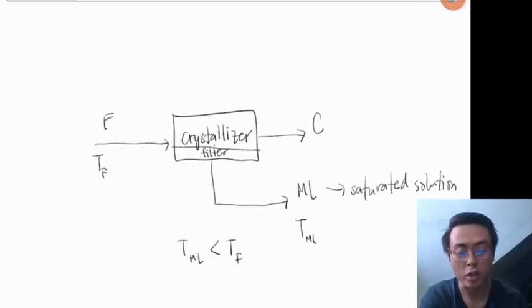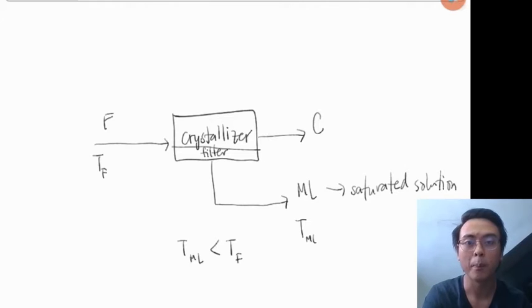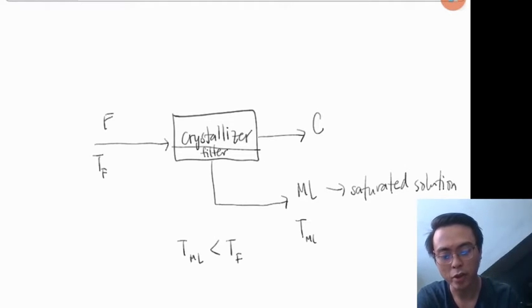Okay, this is the shortcut solution. Another way of looking at crystallization processes is that you have two units. The first unit is the crystallizer, and the second unit is the filter.